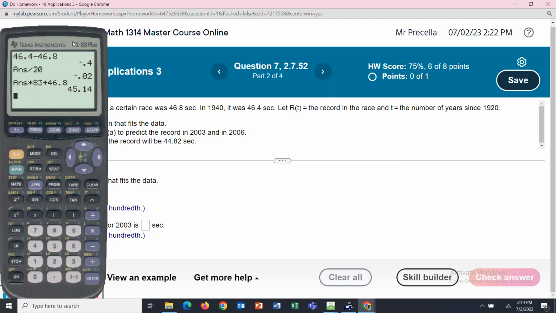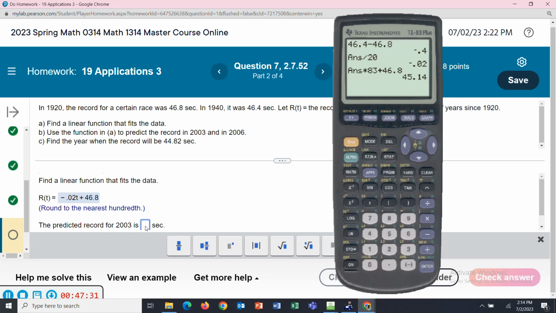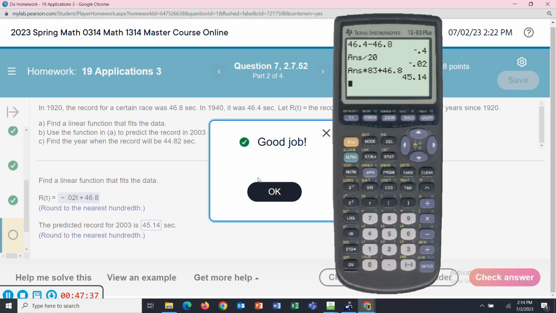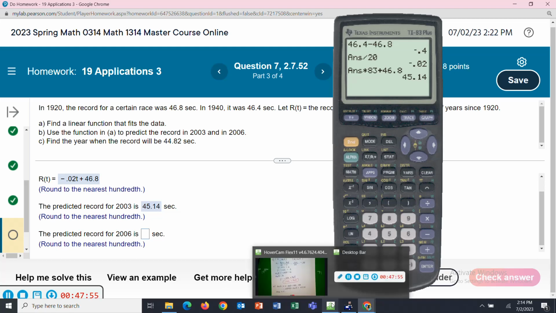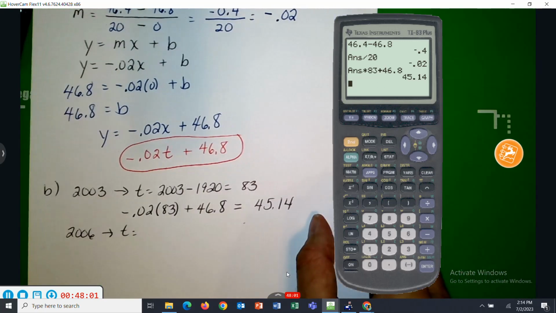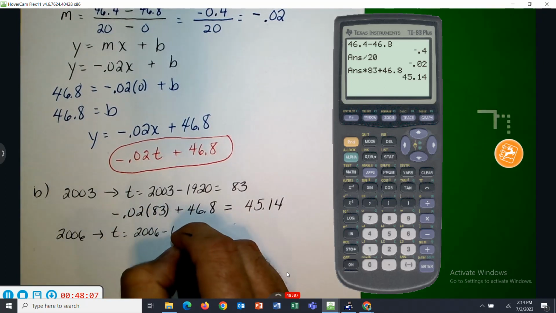How are we told to round it? To the nearest hundredth. That means two digits after the decimal point. So 45.14. I'll do the same thing for the year 2006. Subtract 1920 to get your t. t would be 2006 minus 1920.